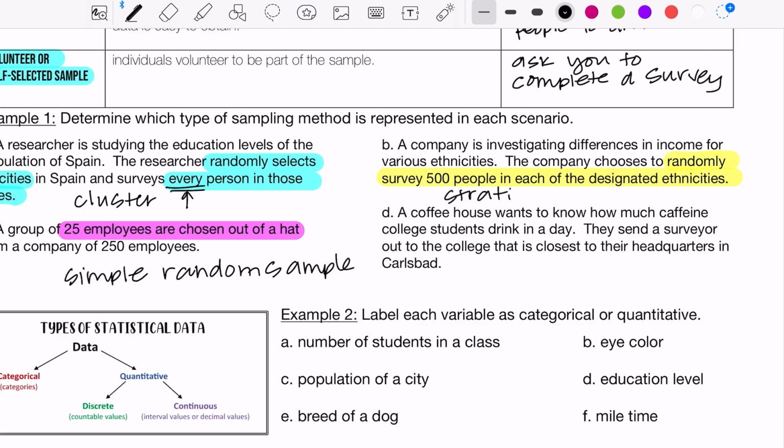So I've taught AP stats, and one way that students were able to differentiate between the two of these is one student said, think of a cheeseburger with lettuce, tomato, and cheese and all that. When you take a bite out of the cheeseburger and you eat the bun, the lettuce, the cheese, the meat, and everything in one bite, that's a stratified sample because you're getting a bite of every layer, right?